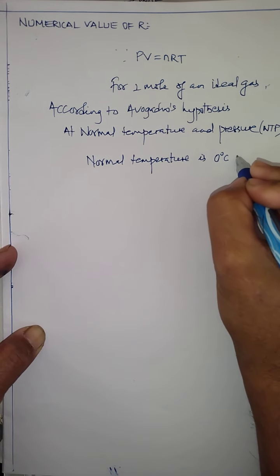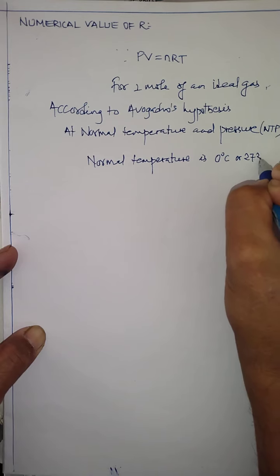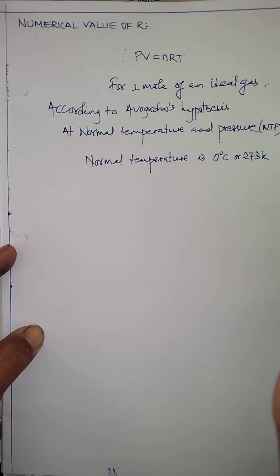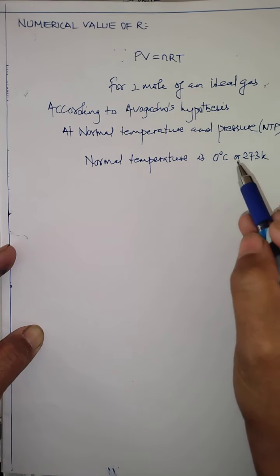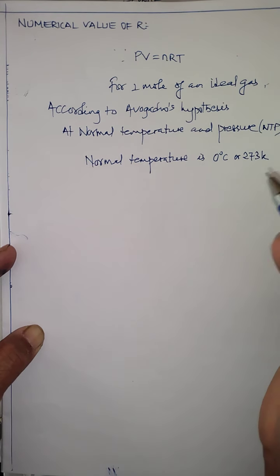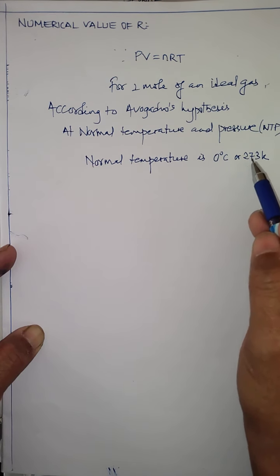And you know 0 degree Celsius is also 273 Kelvin, because when you convert degree Celsius to Kelvin, we need to add 273. So the normal temperature is 0 degree Celsius or 273 Kelvin.